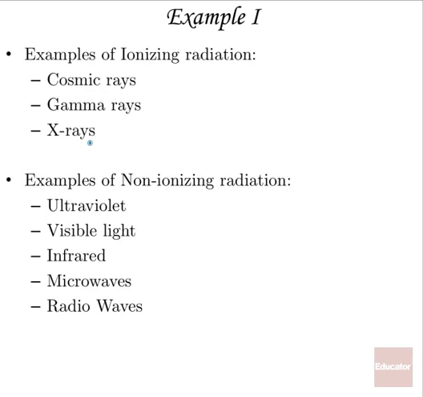Okay, and some examples of our non-ionizing radiation are UV light, visible light, infrared, microwaves, and radio waves. So our ionizing radiation has a shorter wavelength and a higher energy.